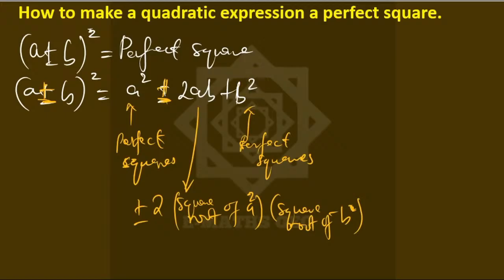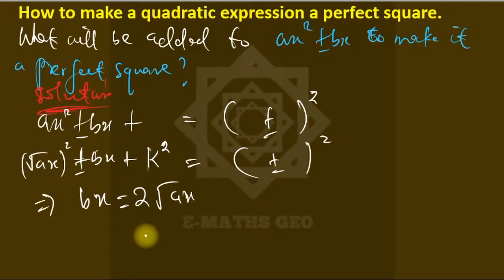So the middle term must be 2 times this one and this k. Yes, 2 times this and that.